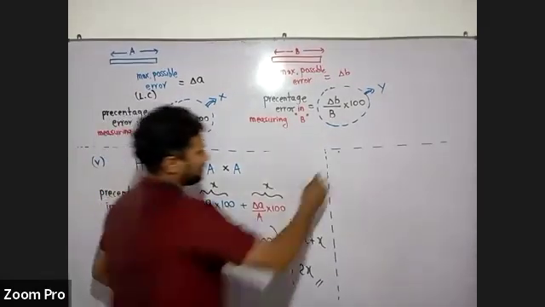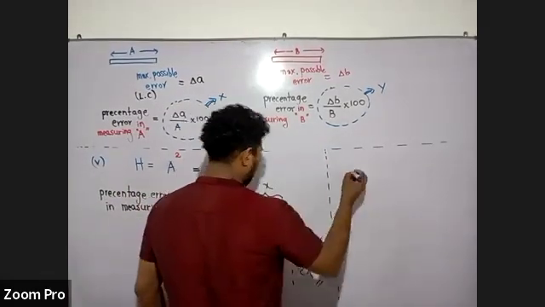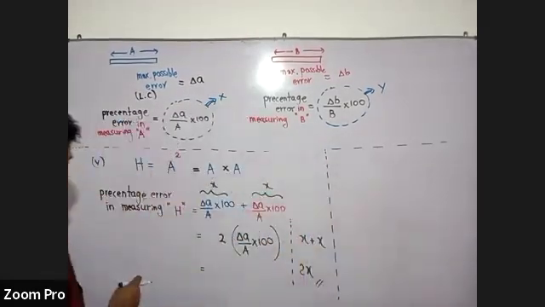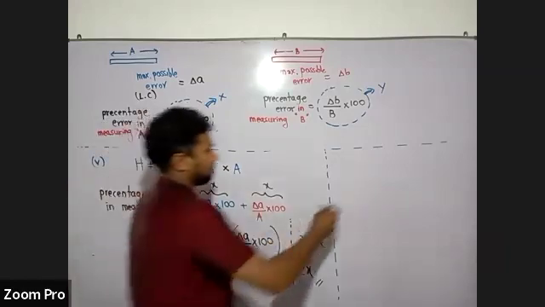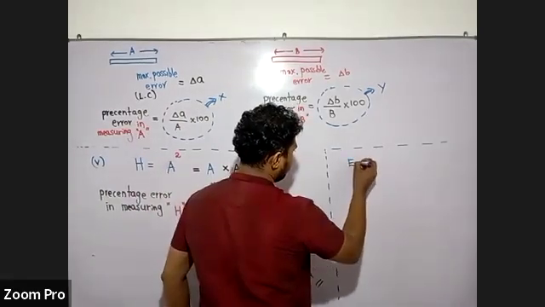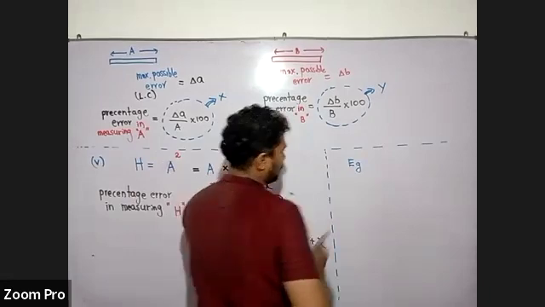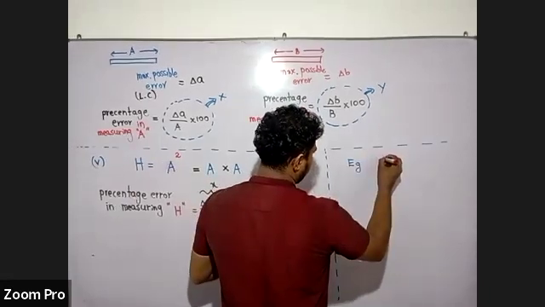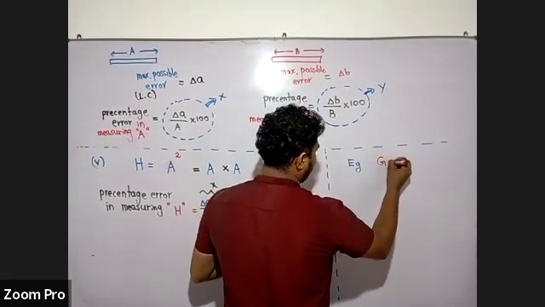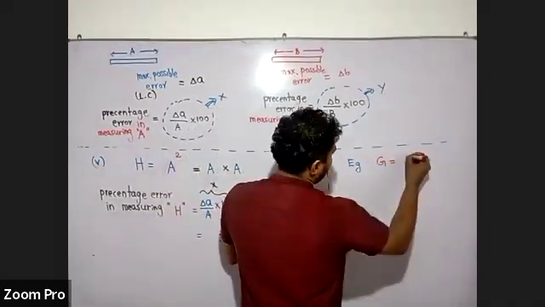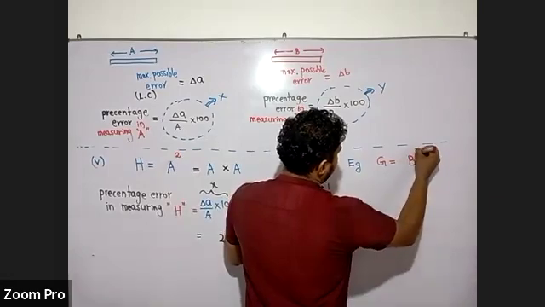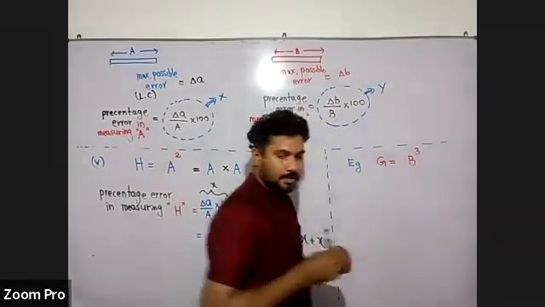Now let's take another example. I'll write it down here. This is just an example, right? Let's assume that there's a physical quantity called G. G can be obtained by considering B cube, right?